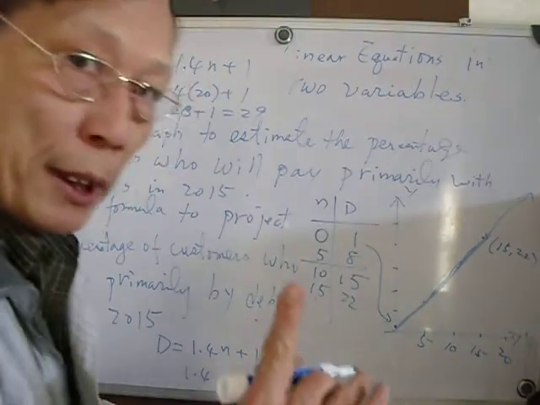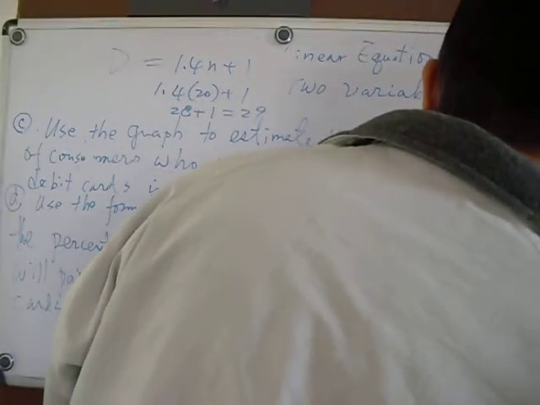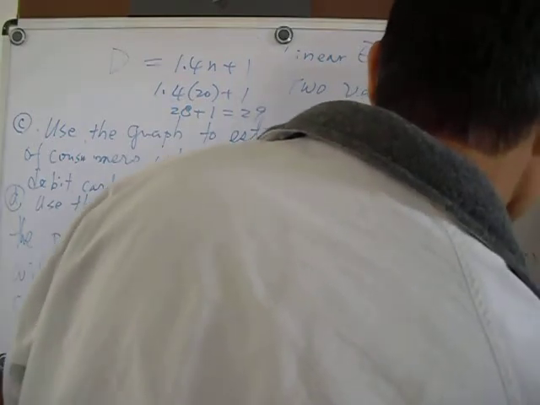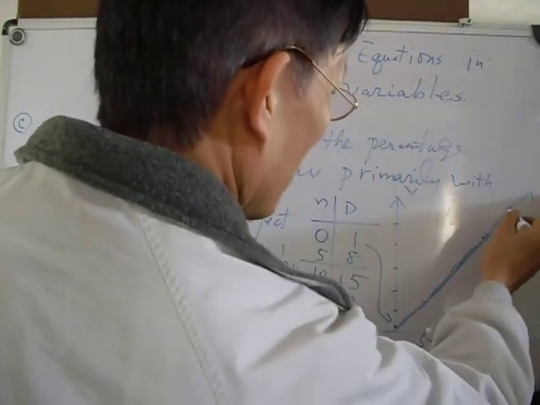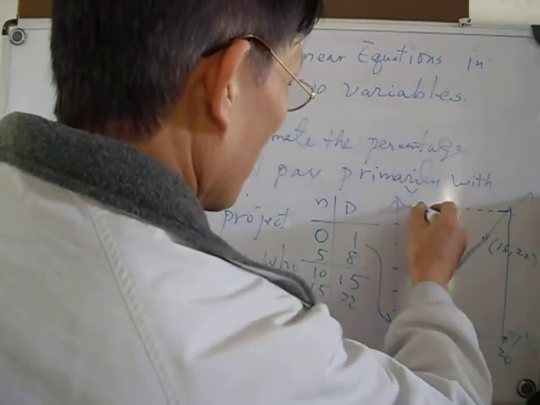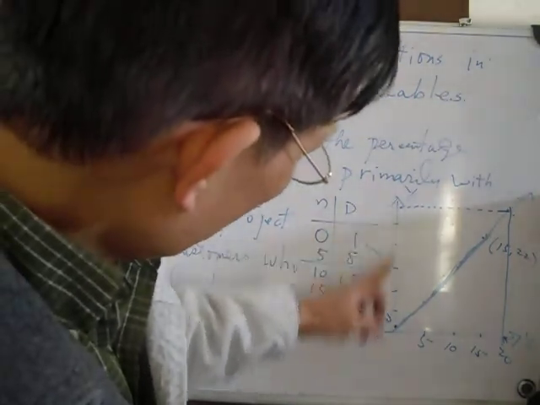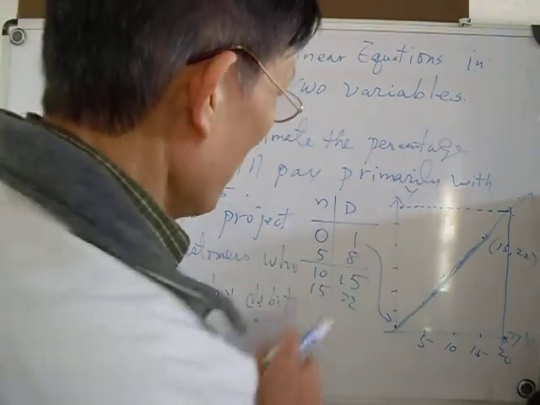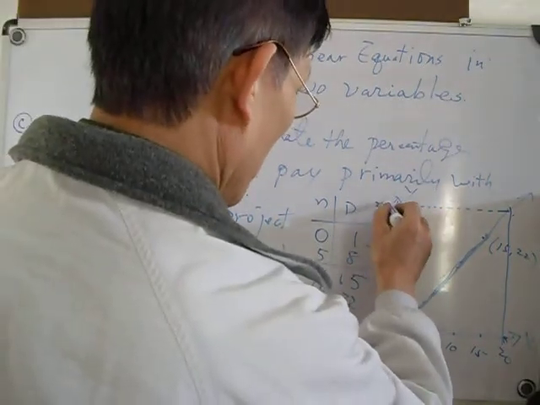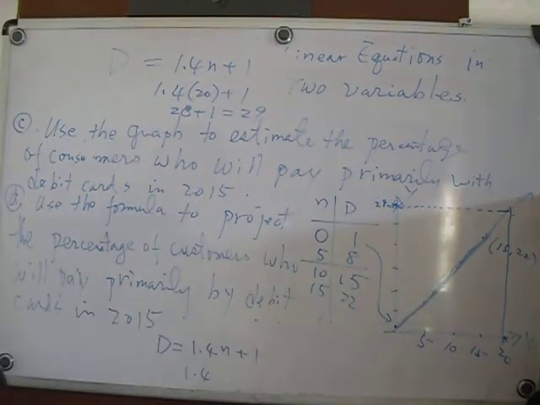So start from here, you put a vertical line, make the vertical line touch your graph, and then put a horizontal line, let it touch here. And then you begin to estimate here. This is 5, 10, 15, 20, 25, roughly 28 or 29. If you graph correctly, you can see that.